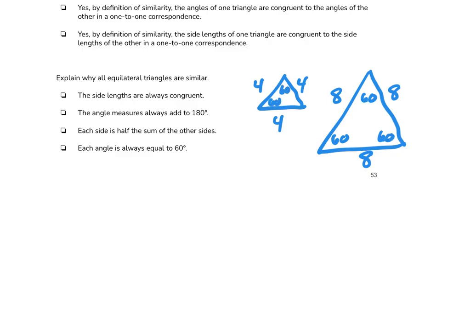So are all my angles congruent? Yeah. Are all my sides proportional? Yeah. So we would say each angle is always equal to 60. We already know it's equilateral because all the sides are the same, so it would be in the same ratio.